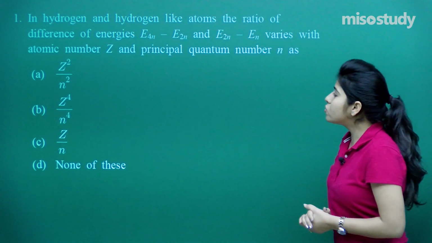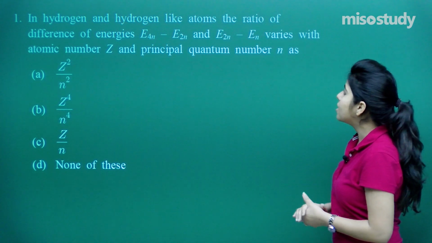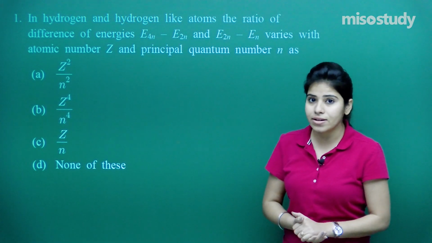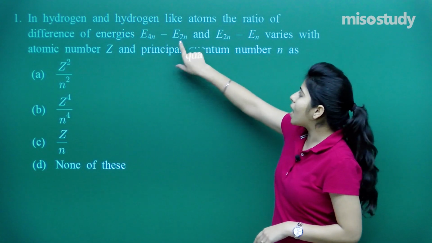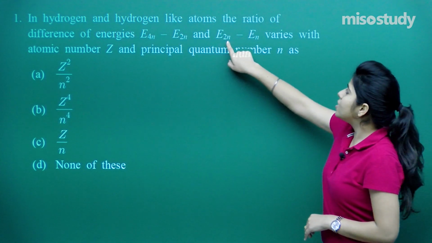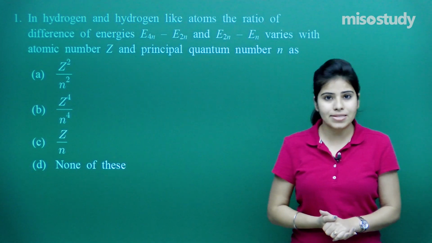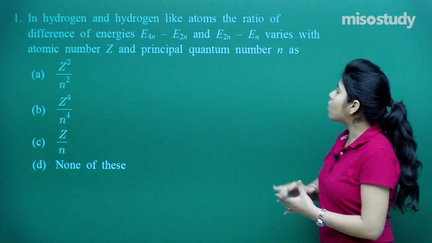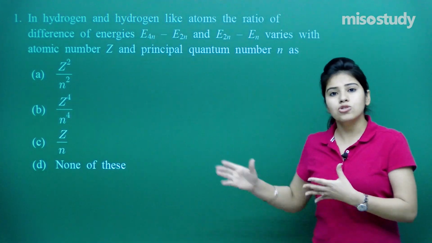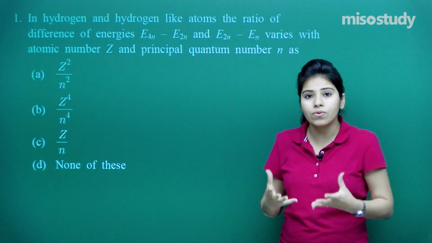So in hydrogen and hydrogen-like atoms, the ratio of the difference of energies E4n minus E2n and E2n minus En varies with the atomic number Z and principal quantum number n. We have to tell what the ratio will be.